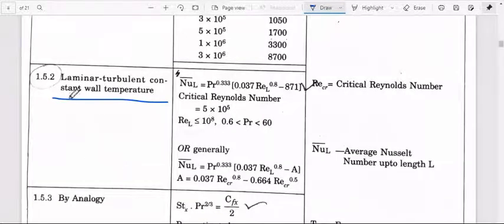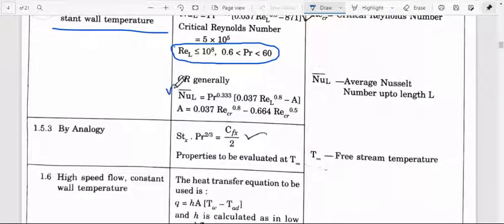Sometimes the flow is not mentioned, only constant wall temperature is given. That's why we need to check these conditions: whether the Reynolds number is less than or equal to 10 power 8 or not, and whether the Prandtl number is between 0.6 to 60 or not. So this is the generalized formula.